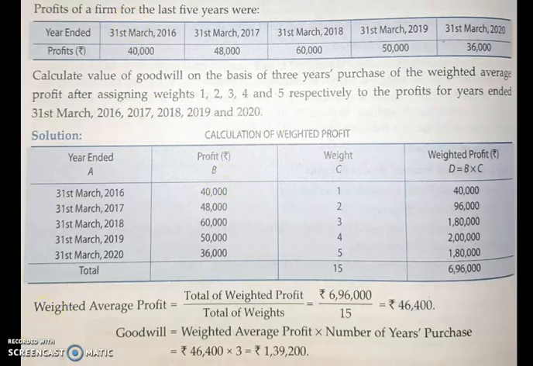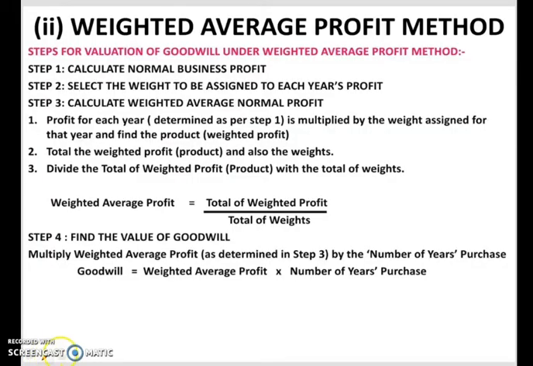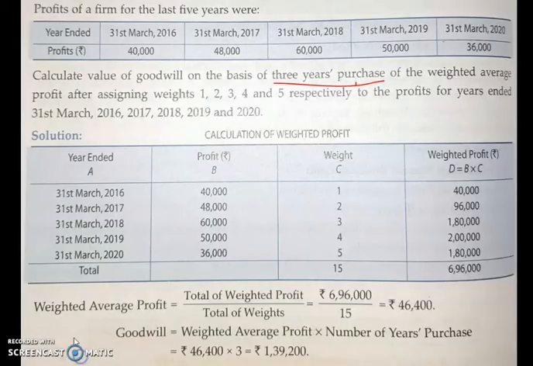Now after reading the question, you can underline the number of years purchase, 3 years, so that you don't get confused. Now next we can go for the solution part of this calculation of weighted profit.